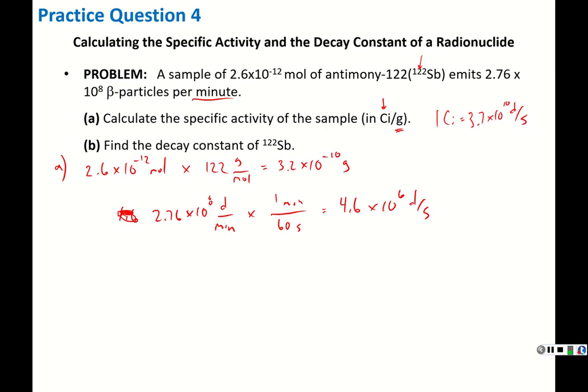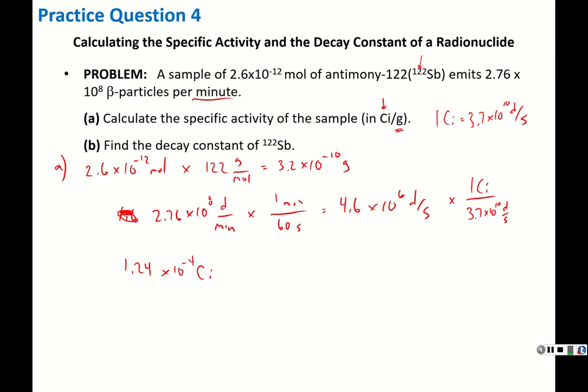Okay, that number we can then take and multiply by our conversion factor, 1 Curie equals 3.7 times 10 to the 10th disintegrations per second. So we have 1.24 times 10 to the minus 4 Curies.